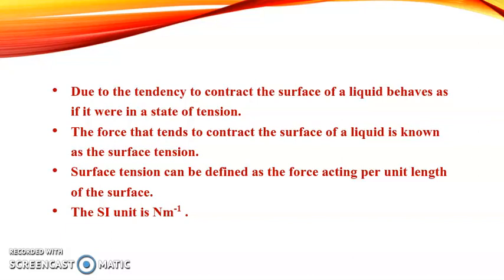This state of tension is called surface tension, or surface tension can be defined as the force acting per unit length of the surface, and the unit of surface tension is Newton meter inverse or Newton per meter. It can be represented by the letter gamma.